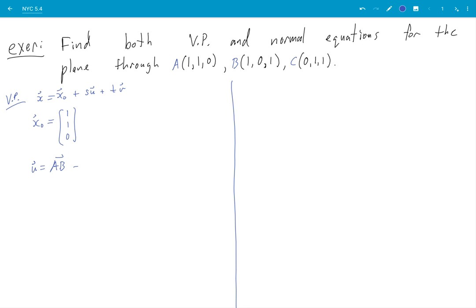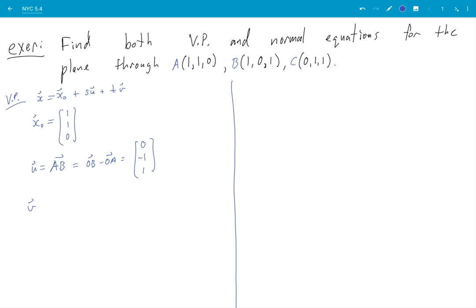U is equal to AB, so I do 0B minus 0A, which is, what do you get? So I'm basically taking this point, subtracting this point, and I get 0, negative 1, 1.